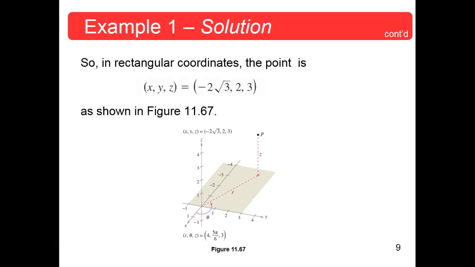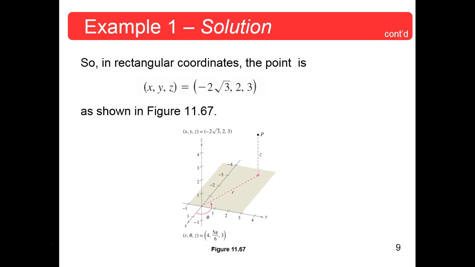So in rectangular coordinates, the point x, y, z is negative 2 root 3, 2, 3, and here is represented by your r is 4. Okay, so that length is 4 here. The angle theta is 5 pi over 6, it's just short of pi, short by pi over 6.